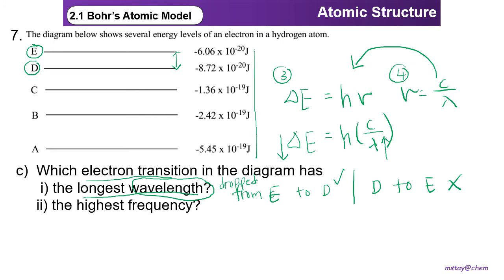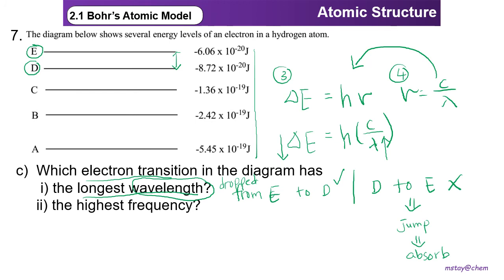Because D to E means that the electron is jumping. If the electron jumps, it is going to absorb energy. If it absorbs energy, you cannot see any photon. If there is no photon, there will be no wavelength. So it must be electron drop.